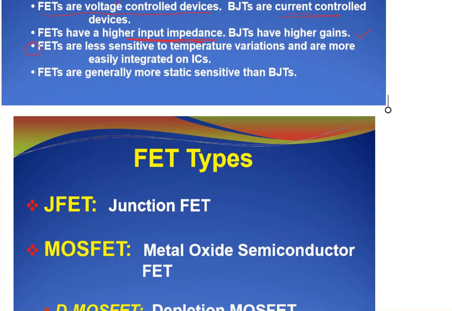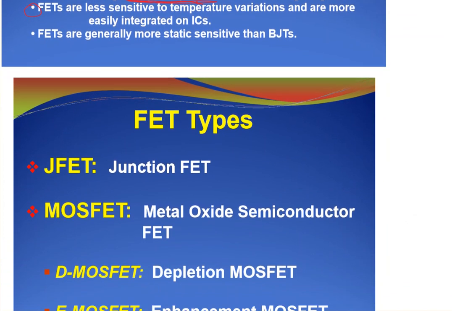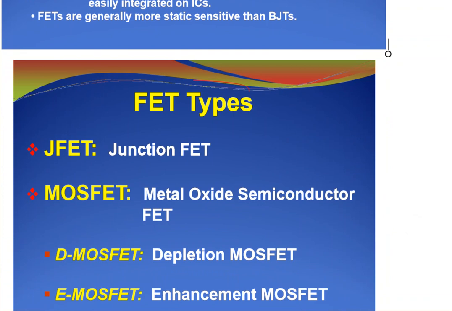So if we would like to talk about the types of field effect transistors, we will be seeing that we have something called the junction field effect transistor, which is JFET, and there is something called MOSFET, where MOS stands for metal oxide semiconductor.